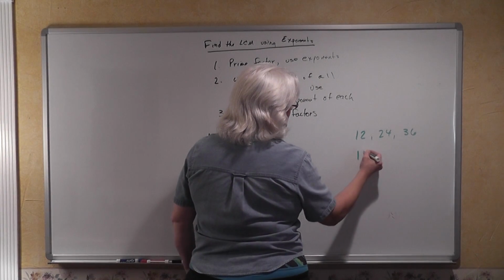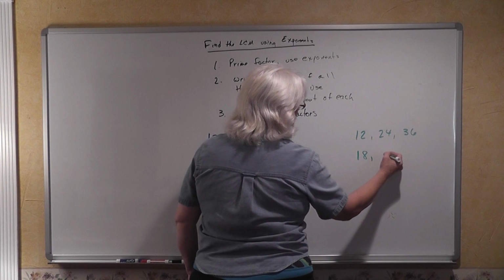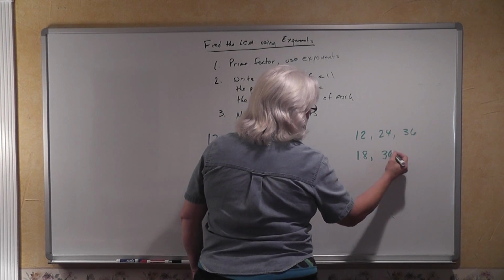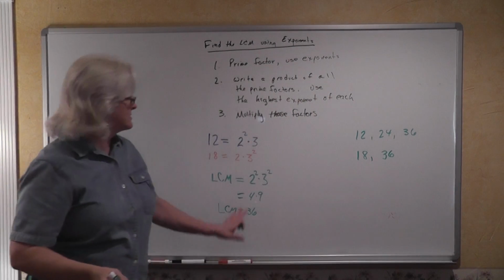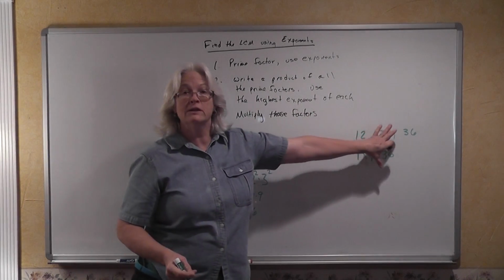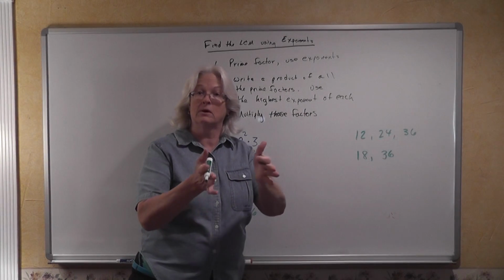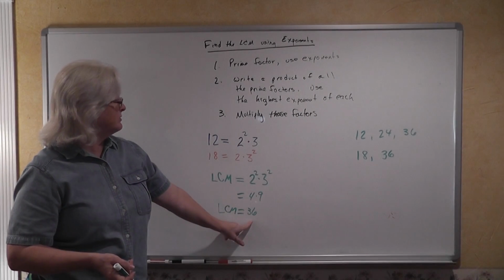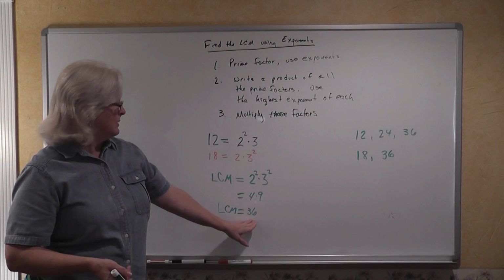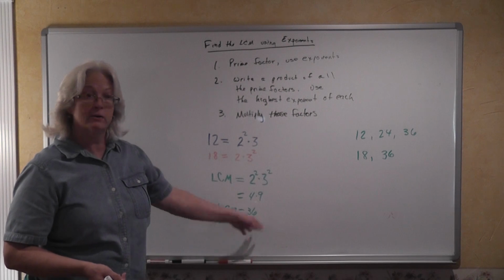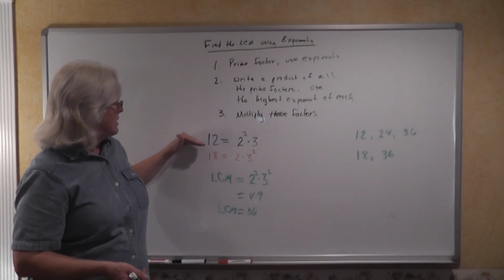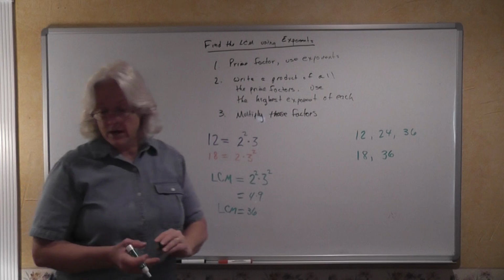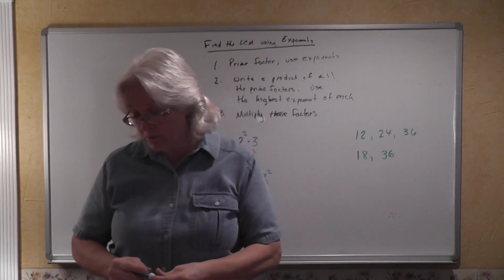Now we have 18 times 1 is 18. 18 times 2 is 36. Our common multiples show up very quickly. Least common multiple is 36, which is exactly what we found by prime factoring these numbers. So let's go ahead and do another problem.